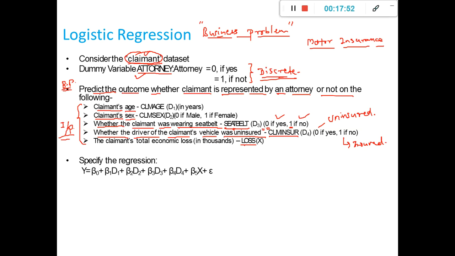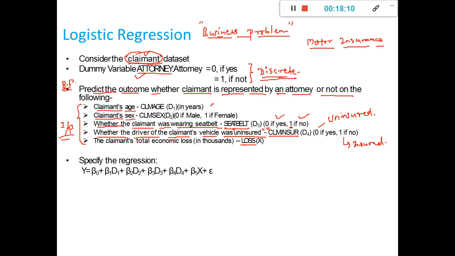These are all called data types, and we have already discussed this in our basic statistics. Please open the playlist for basic statistics and go through all the lectures. All right, so this is a discrete variable.